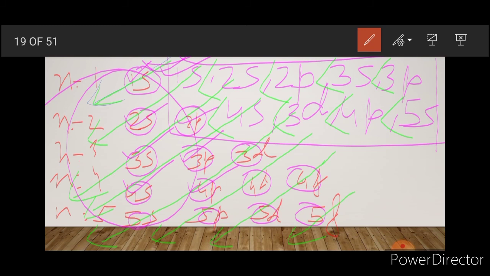Energy is increasing in this way, toward the right-hand side. So whenever we fill the electrons, first we fill the electron in 1s, then we put electrons in 2s. And maximum how much? Only 2 electrons in an s orbital, maximum 6 in p orbital, maximum 10 in d orbital, and maximum 14 in f orbitals.